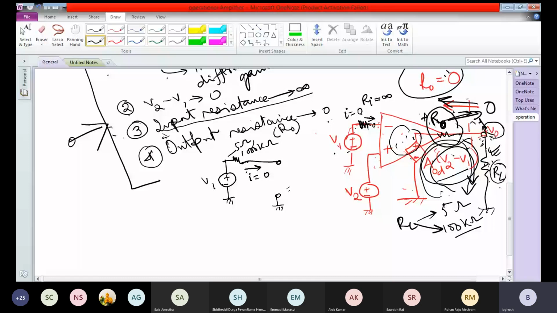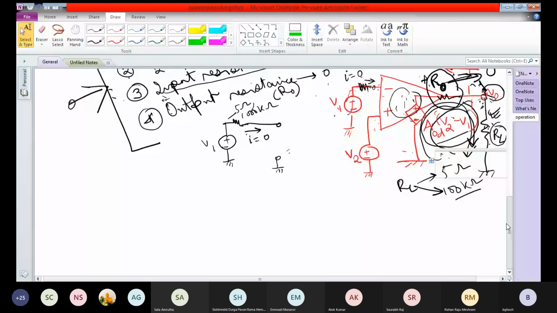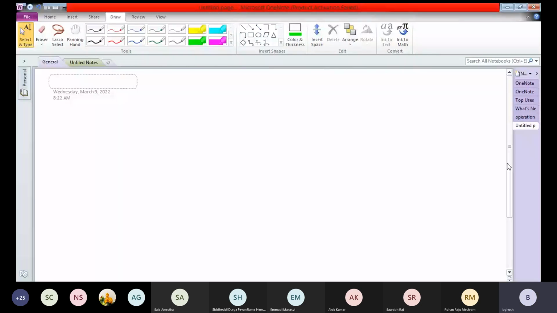Okay, so let us take the first example, a very simple example called an inverting amplifier. As I said, working with an operational amplifier is on the circuit level very easy, because once you know the properties, it is relatively easy to analyze.